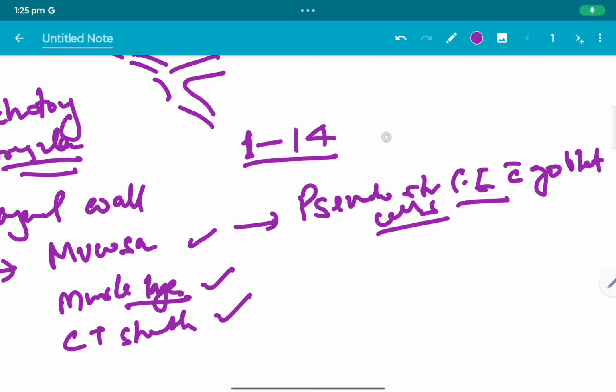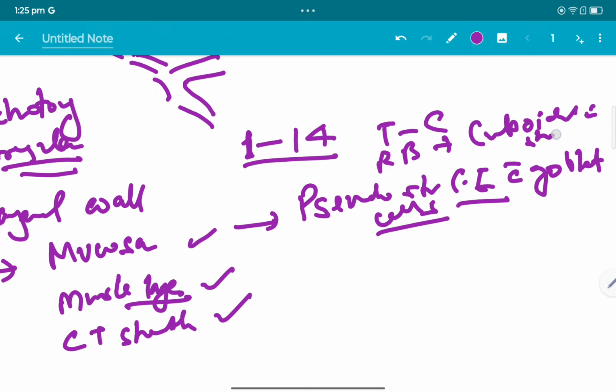Ciliated cells of the trachea are columnar, whereas in the respiratory bronchioles they are cuboidal in shape. The number of goblet cells also decreases towards the periphery.